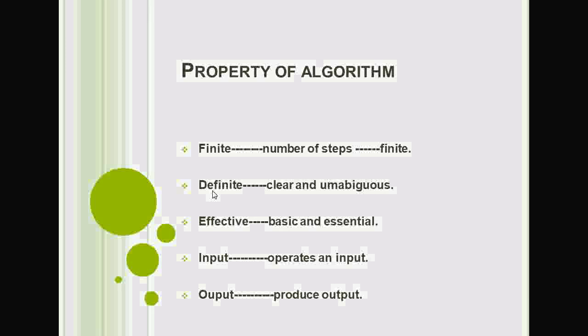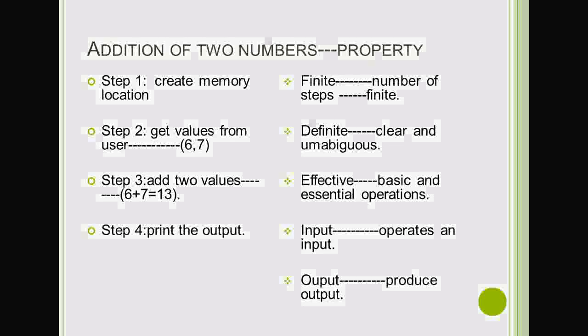Each and every line should be very clear; that comes under the second one, definite. And effective means each and every line should be at a very basic level. An algorithm should explicitly say what input it requires, and finally what output it is going to produce should also be declared very clearly. These are the properties of an algorithm.